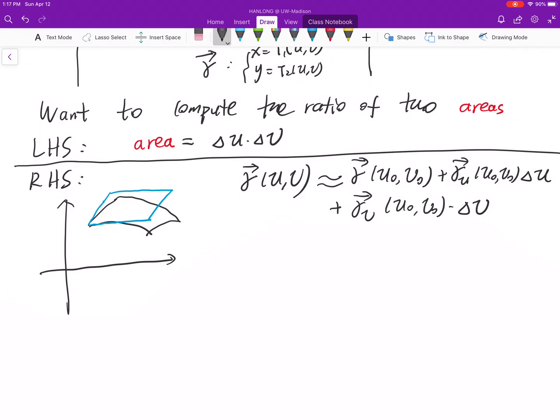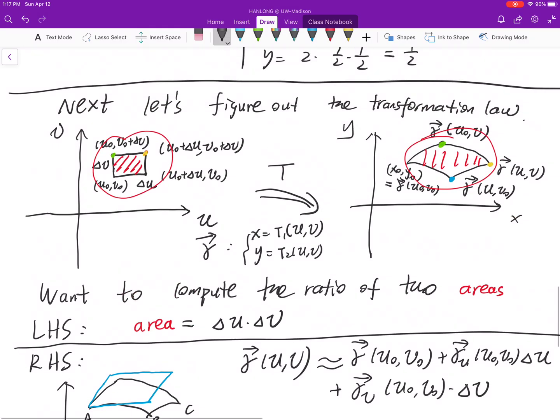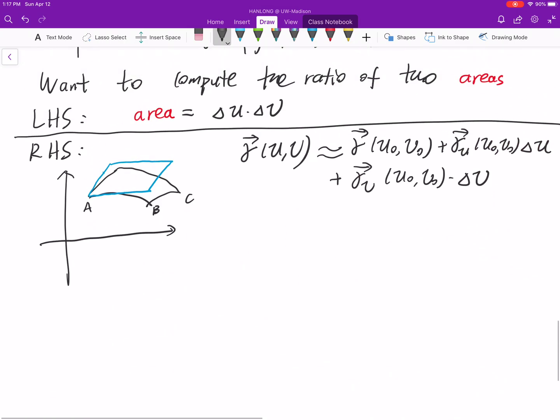That's a linear approximation for (u, v) pretty close to (u0, v0), and apply to our case. So this is your A, B, C, D. And then this is your approximation, A prime, B prime, C prime, D prime.